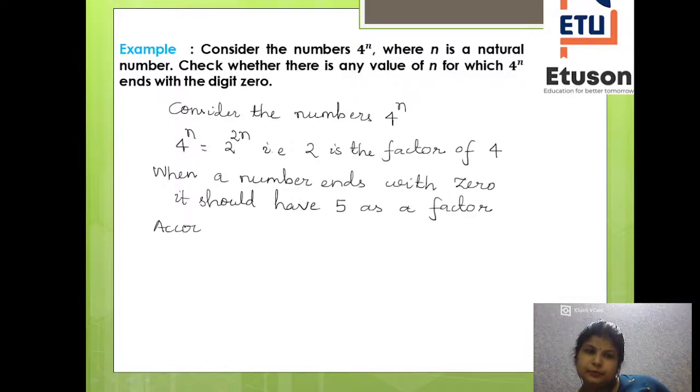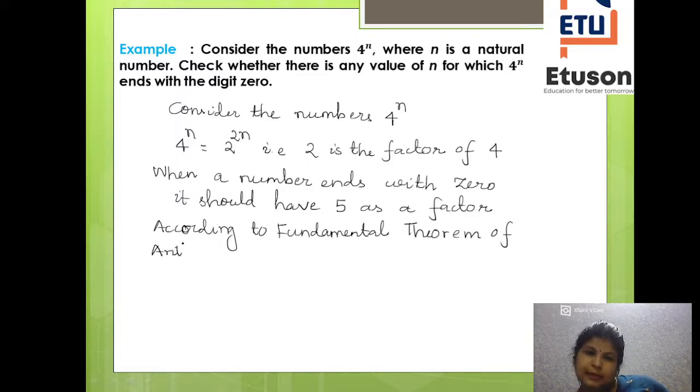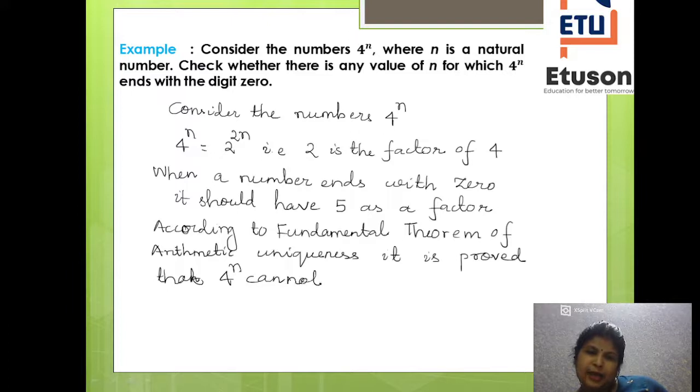According to the fundamental theorem of arithmetic uniqueness, it is proved that 4 to the power n cannot have 5 as its factor.